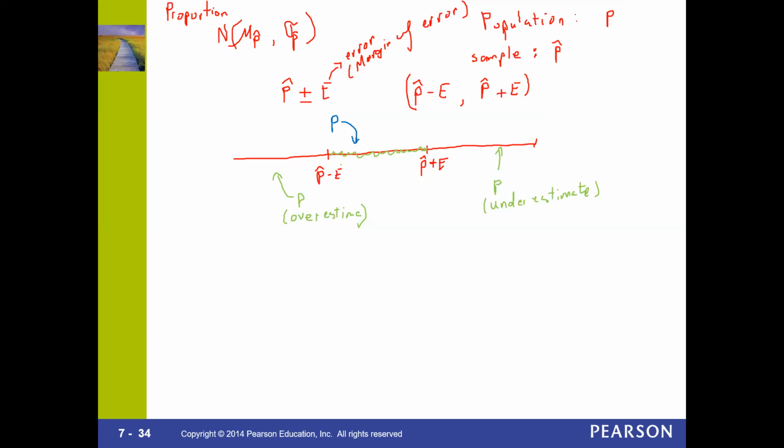All right. So whenever you do it, there will be some error, which is going to be e.